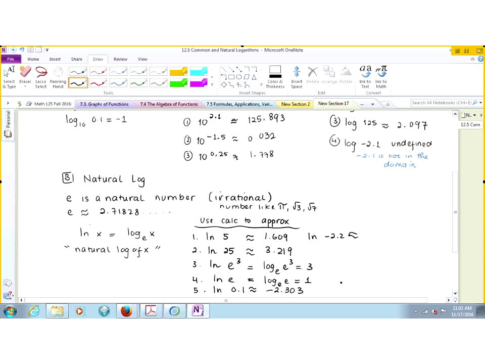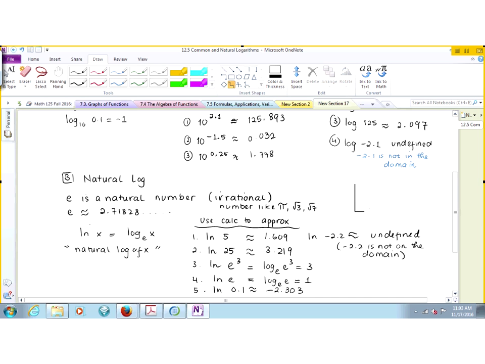What about ln negative 2.2? What does your calculator say? Undefined. Why is it undefined? Negative 2.2 is not in the domain. So how does the graph look?